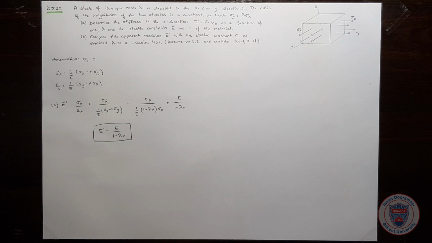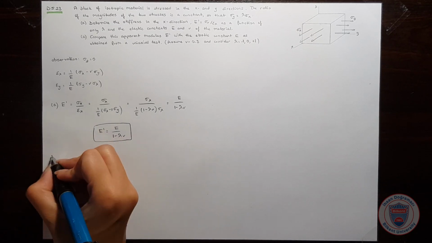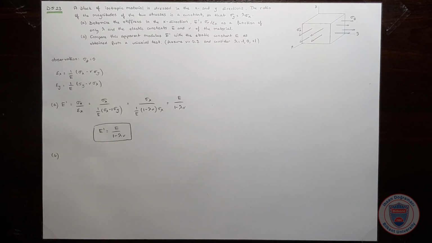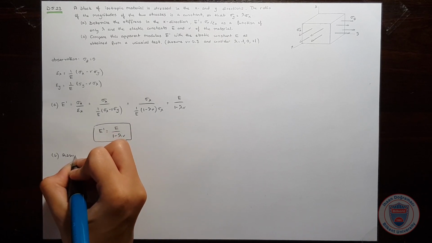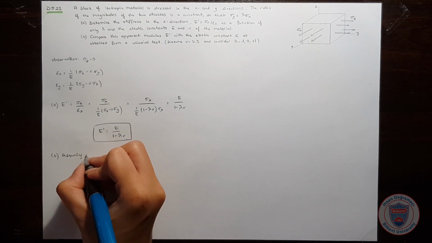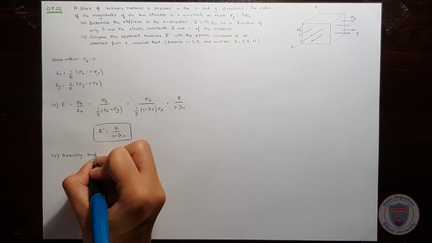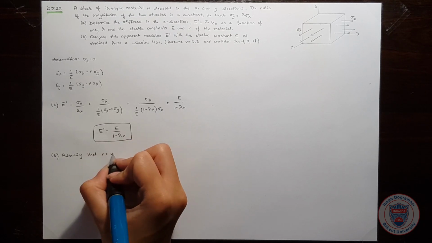Let's move on to part B. Now, we are assuming that Poisson's ratio is 0.3.